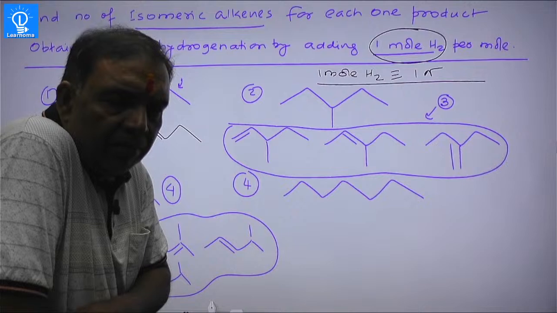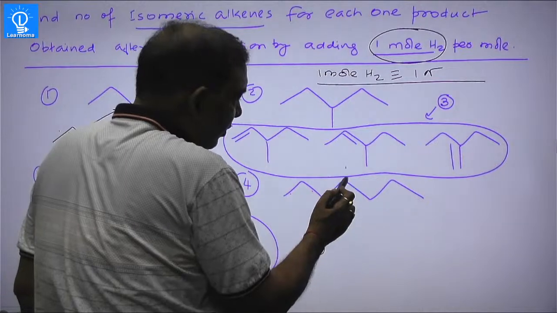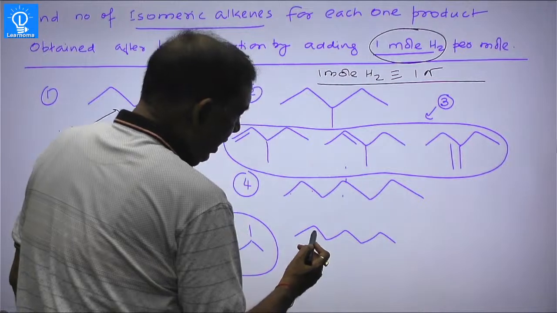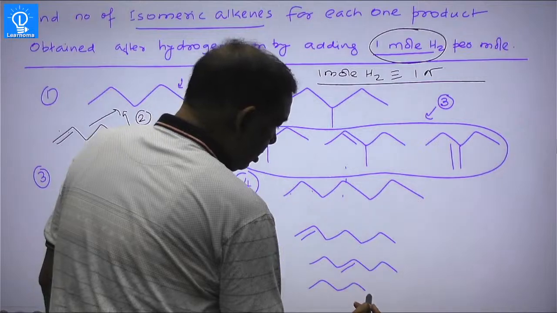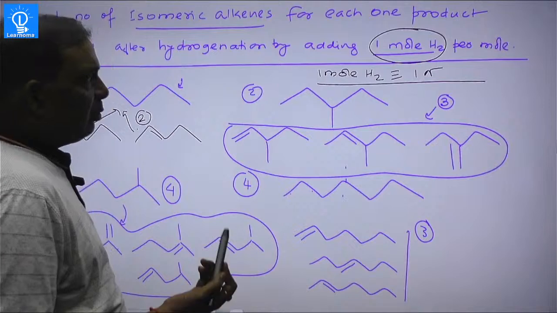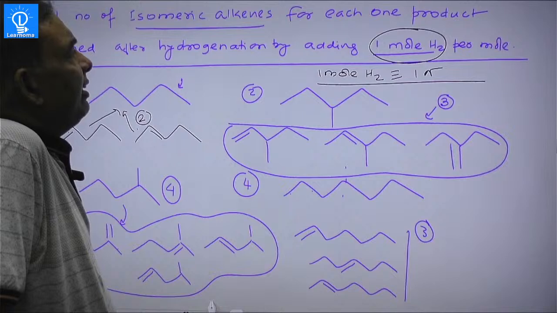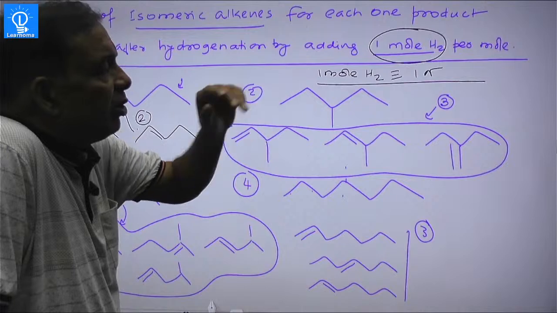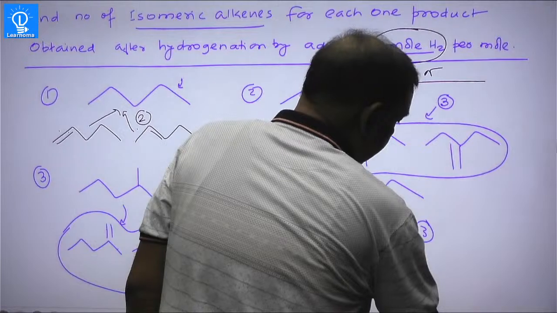Suppose 1, 2, and 3. Because it is again symmetrical. This half is equal to this half. 1, 2, 3. See this. In this way, we can solve such type of questions. How many isomeric alkenes from each one type of product obtained after hydrogenation by adding 1 mole H2 per mole? That is the question. See, let us see some more examples.